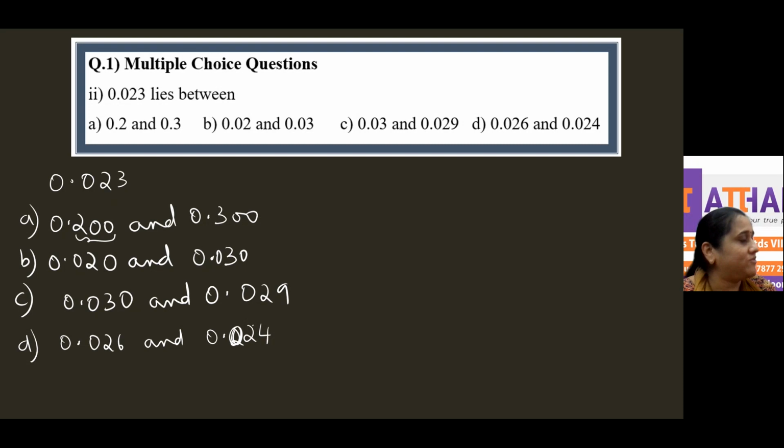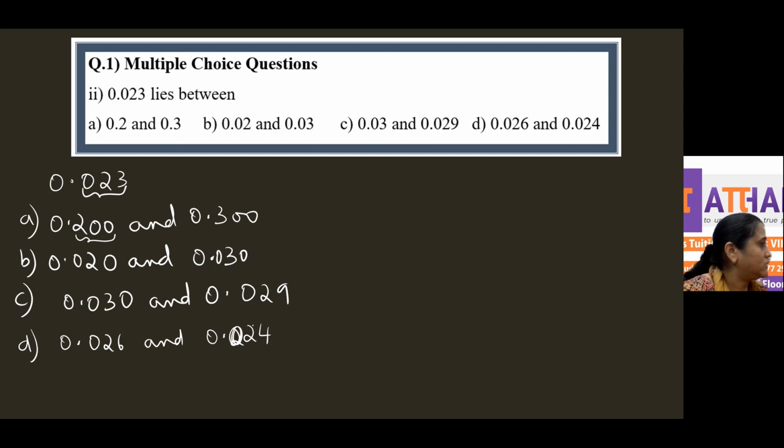First, we changed all the options, because in the options not all the decimals had 3 digits after the decimal point. What's the question? 0.023. There are 3 digits after the decimal point. So in the options, we changed all the decimals to have 3 digits after the decimal point. That's the first step. Now read this number. How will you read this number?